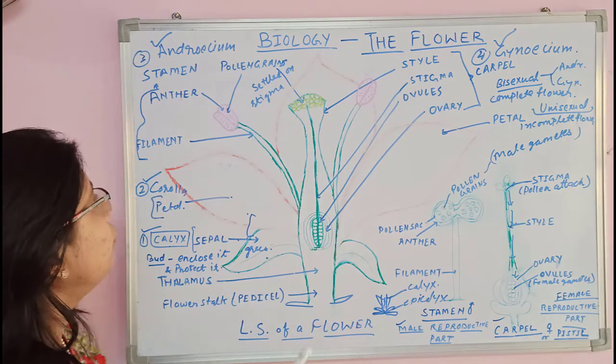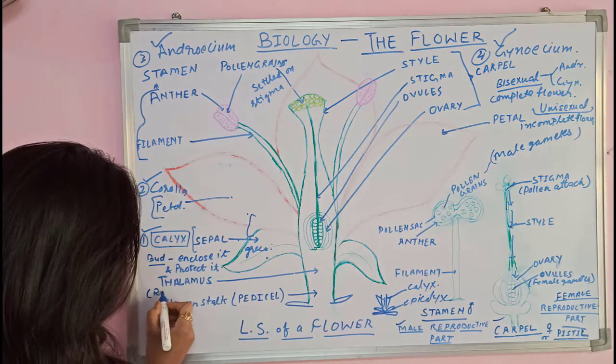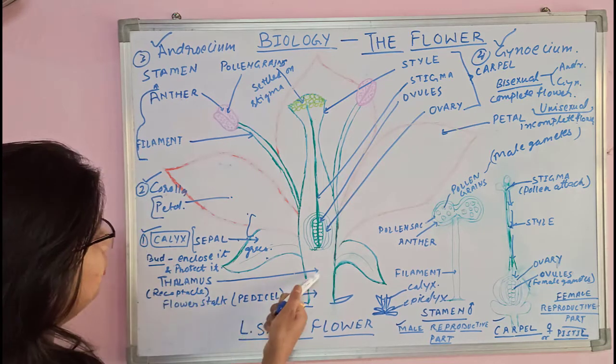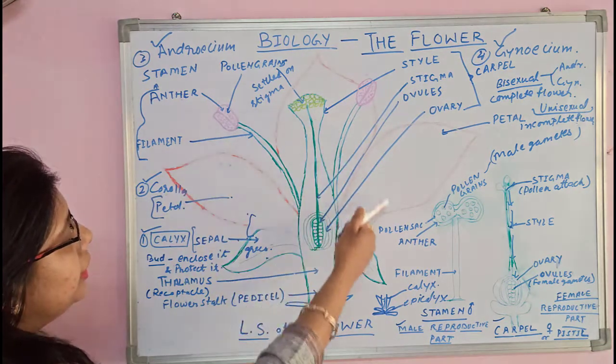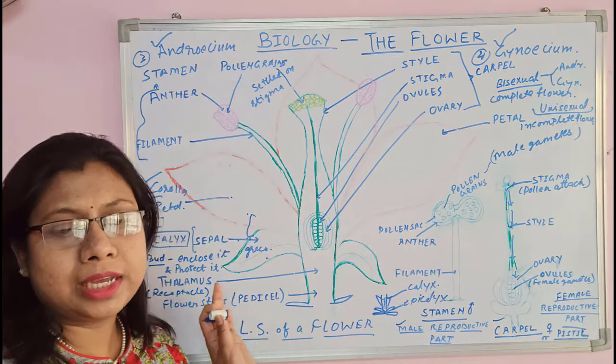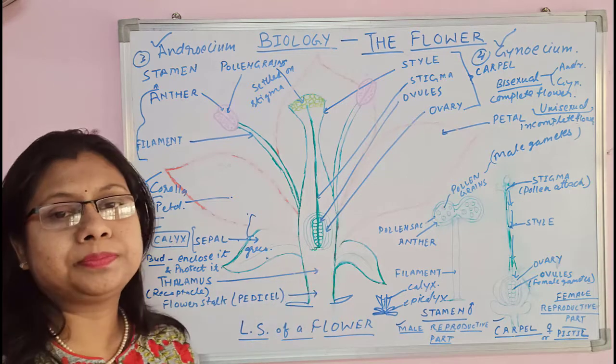So in flower parts, here the thalamus is also called the receptacle, which is having all the whorls in it. This is one more name of thalamus, on which the whorls are arranged at its base.